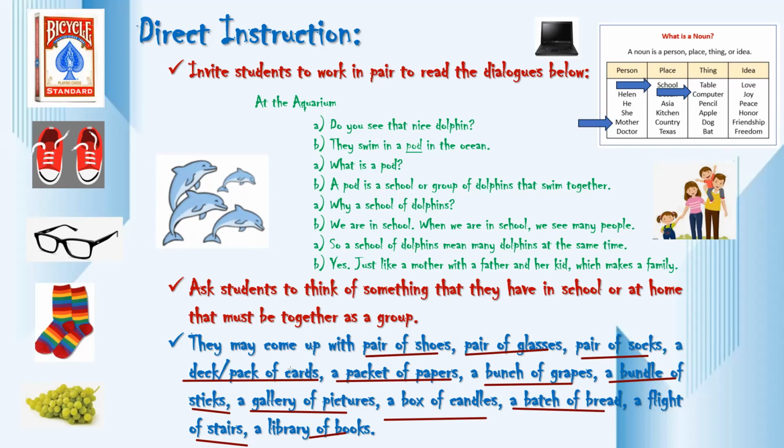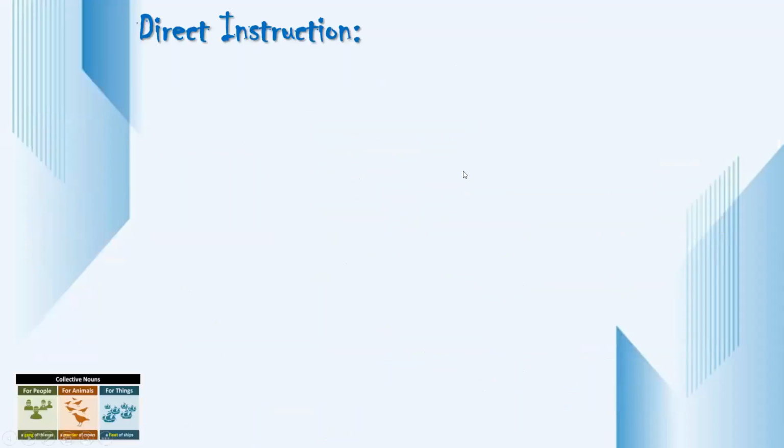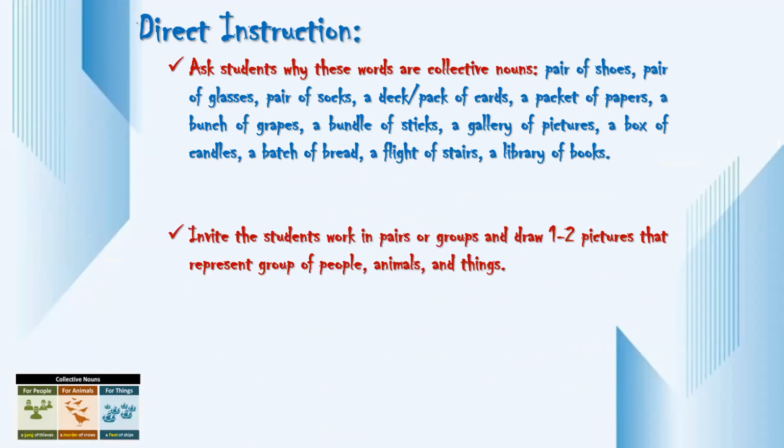All right. Ask them what makes them a collective noun. What makes them a group? Can they have just one shoe, or do they need a pair of shoes? After asking them why these words are collective nouns, invite them to work in pairs and draw one or two pictures that represent a group of people, animals, or things.